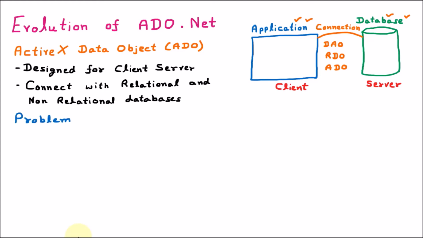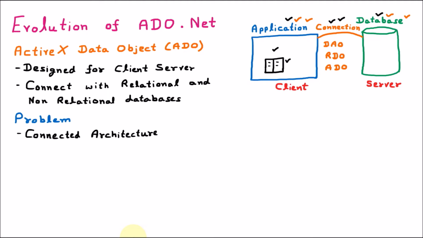The major problem with ADO is that it supports connected architecture. Let us suppose that we have a .NET application and we are connecting with the database using the ADO connection. Now, this connection should remain through all the time. That means if inside the application we are writing something, let's say we are creating an Excel file and this Excel file is going to the server, and I am entering a few records, the connection should be there.